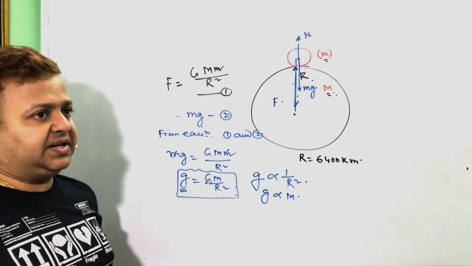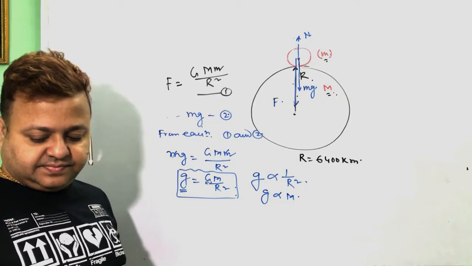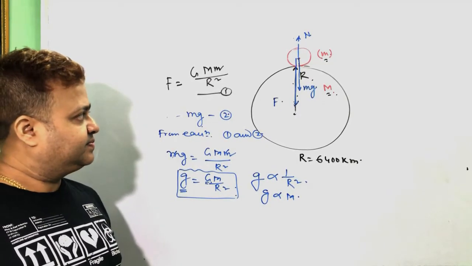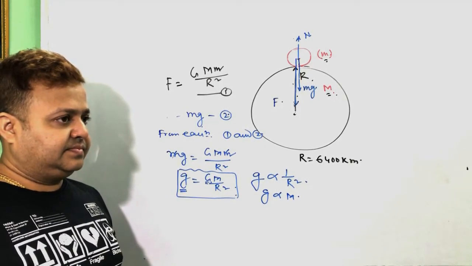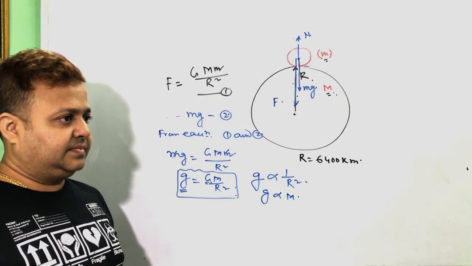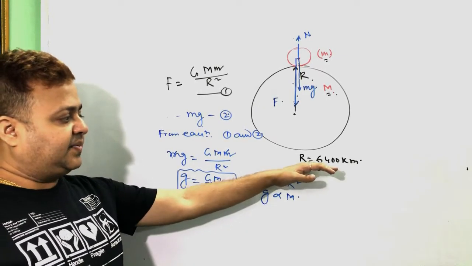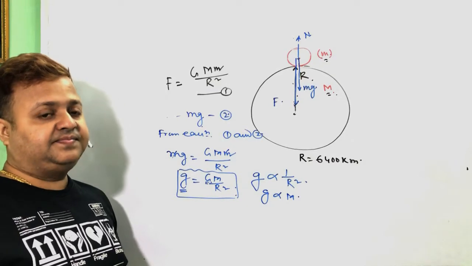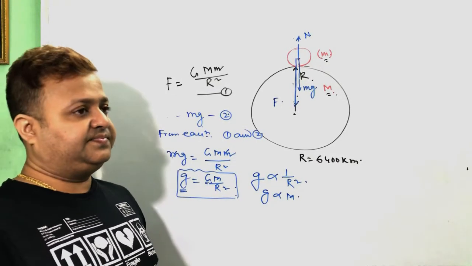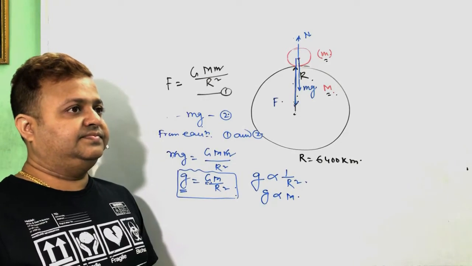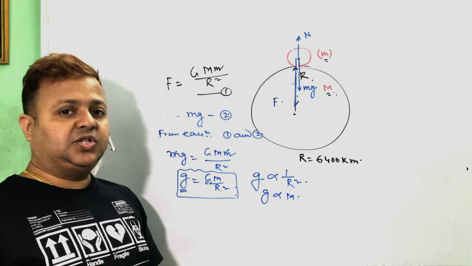Capital R is the radius of the earth, the average radius of the earth, which is equal to 6400 kilometers.